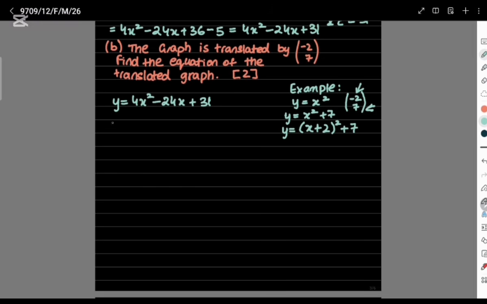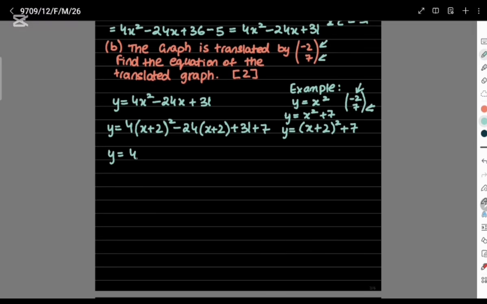I hope you get this. Now let's do the same thing over here. y is equal to 4 into, they gave us minus 2, so you do the opposite inside the bracket: x plus 2 whole squared, minus 24 into, again there is an x, so you do the opposite: x plus 2, plus 31. That's it? No. Translation in the y direction, that's plus 7.